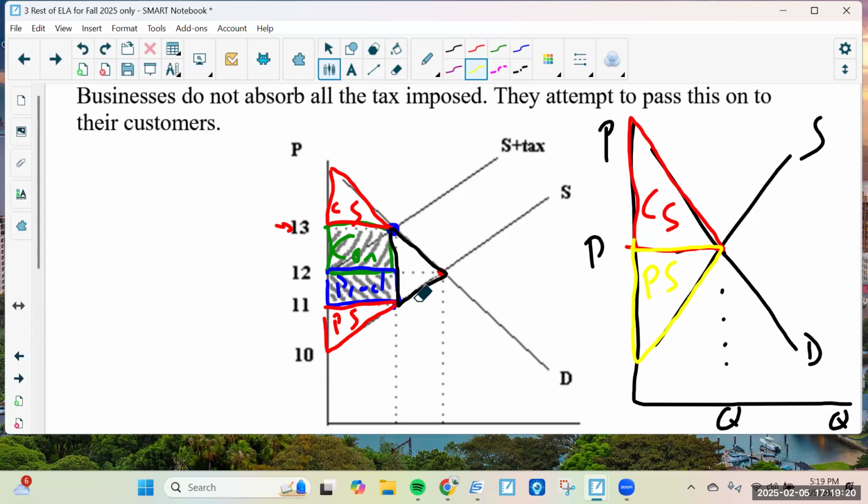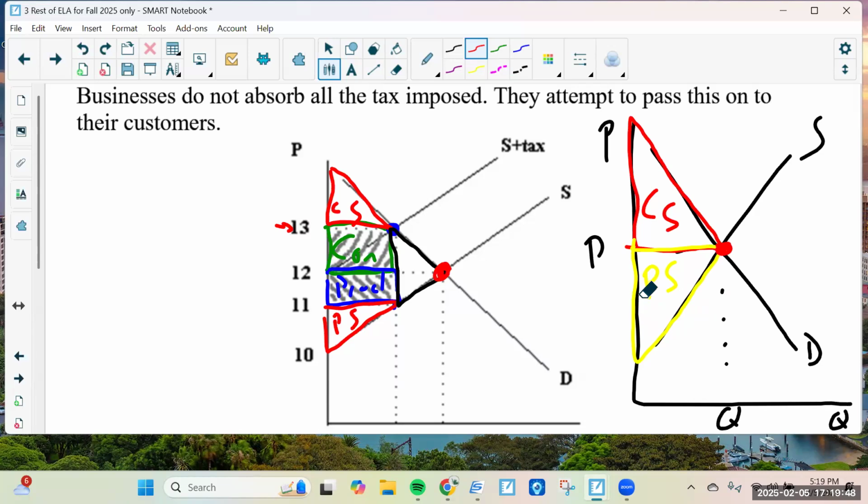What happens now when we put the tax in? You can see that this red point right here corresponds with this red point right here. All we did on the graph on the left is put this tax in. Notice the consumer surplus is now way up here, so we lost a fair amount. The producer surplus is just this little area down here, so they lost a fair amount too.